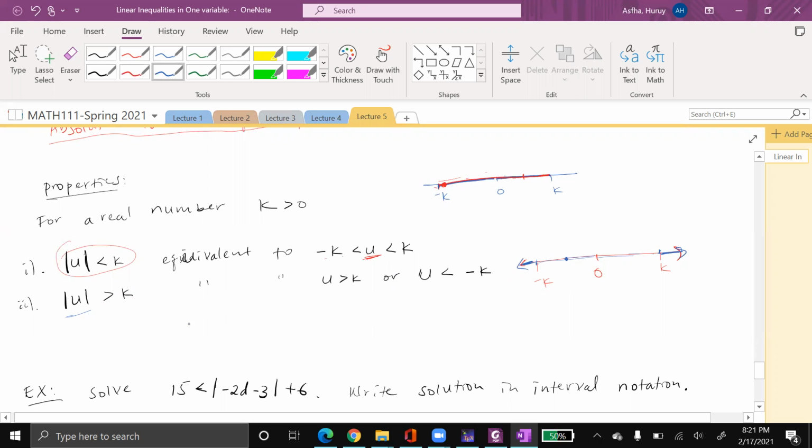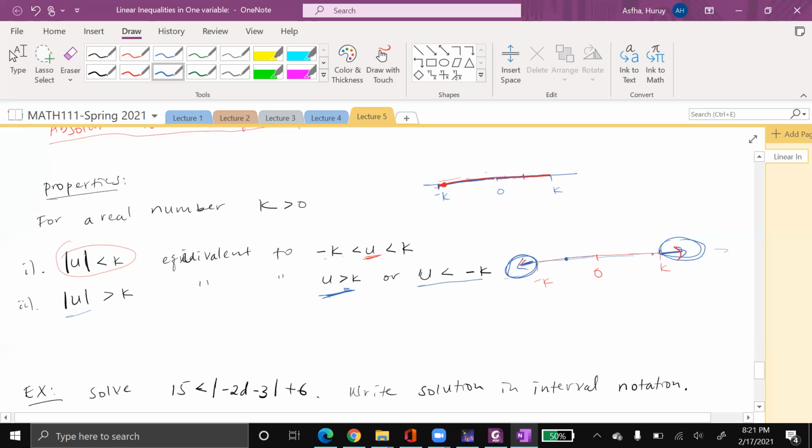Therefore, this means either u is greater than k, which means this part all the way to positive infinity, or u is less than negative k, and that part is all the way to negative infinity from negative k.